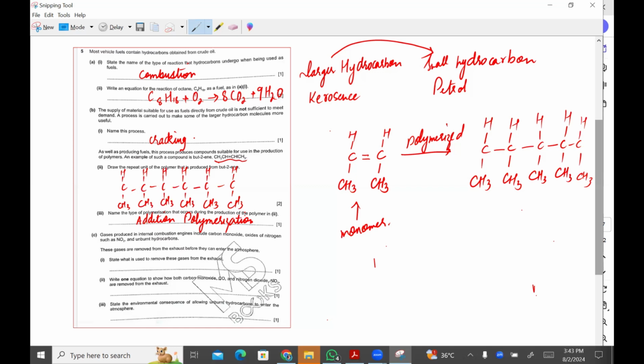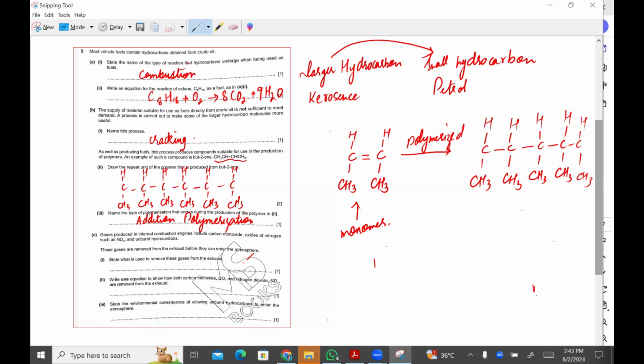Gases produced in an internal combustion engine include carbon monoxide, oxides of nitrogen such as NO2, and unburnt hydrocarbons. State what is used to remove these gases from the exhaust.